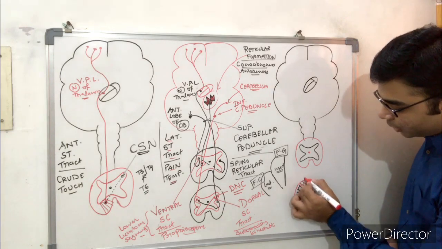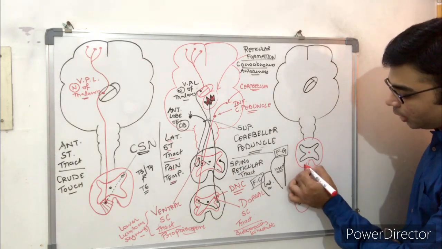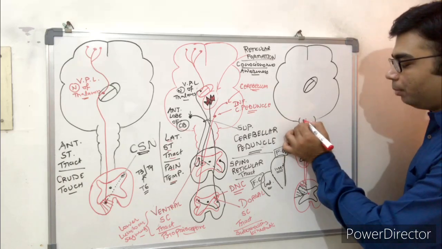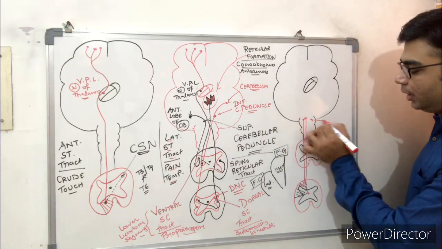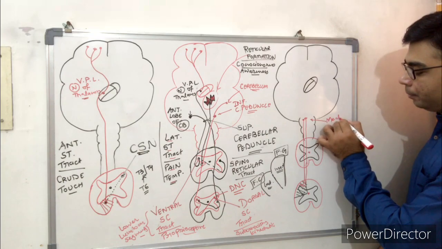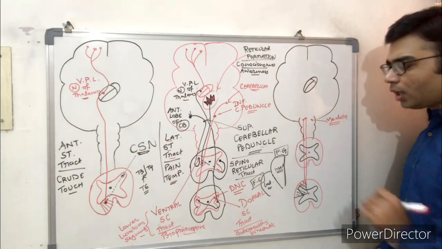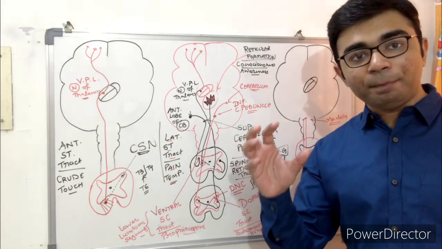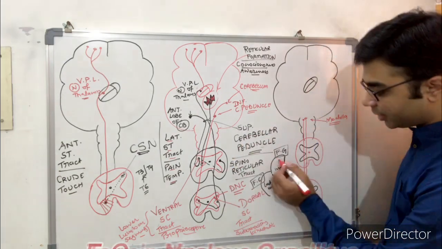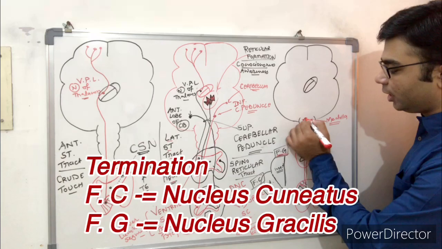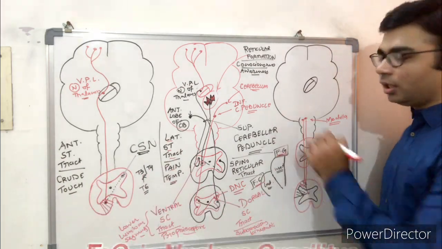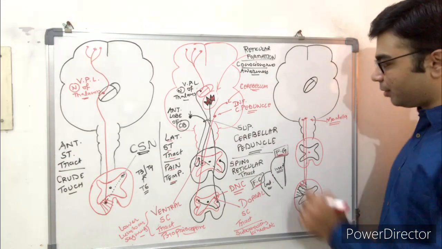They ascend upwards in the posterior white column, reaching the level of the medulla oblongata. Here is the medulla oblongata. Here they terminate in a very particular nucleus. Fasciculus gracilis terminates in the nucleus gracilis, and fasciculus cuneatus terminates in the nucleus cuneatus.